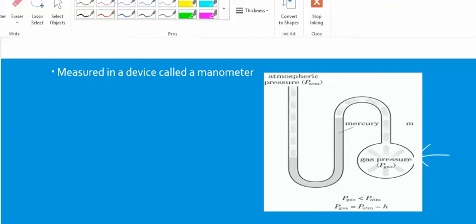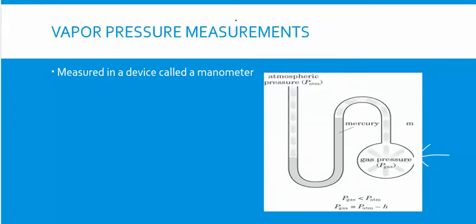Since it exerts a pressure, it forces this column of mercury up the other side of the U-shaped tube. We can measure this distance h from the volumes of mercury and get the vapor pressure of the gas in this manometer. So a manometer measures gas pressure or vapor pressure, and it's simply a U-shaped glass tube.